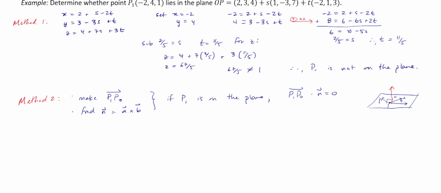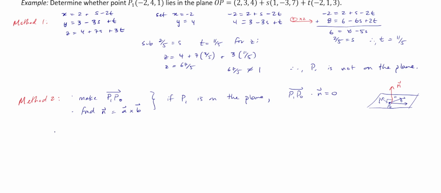So we find the normal vector by taking A cross B, and we check to see if this normal vector is perpendicular to P0P1. If it is, then P1 lies on the plane, and if it's not, then P1 does not lie on the plane.